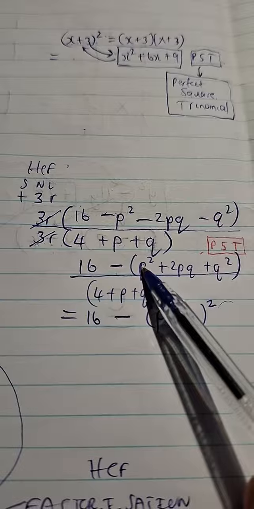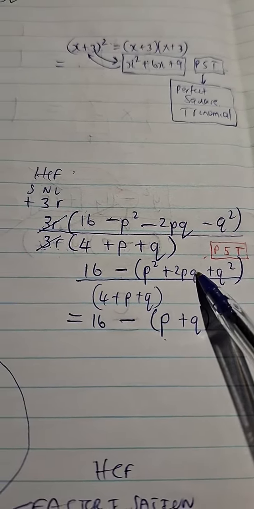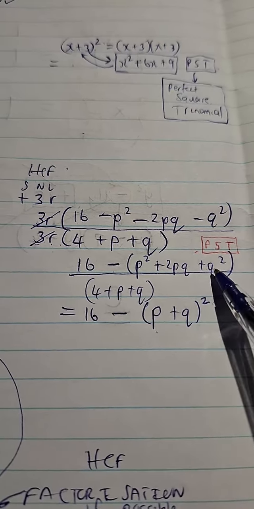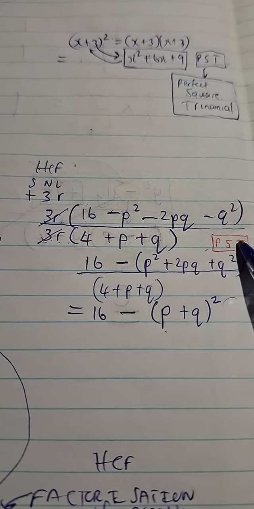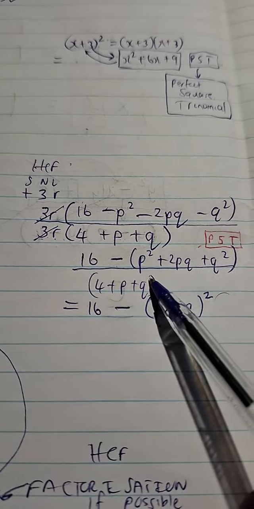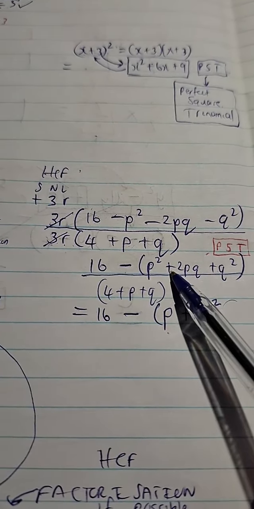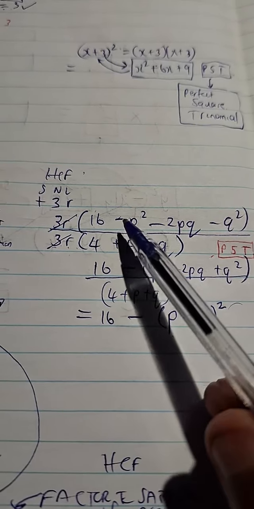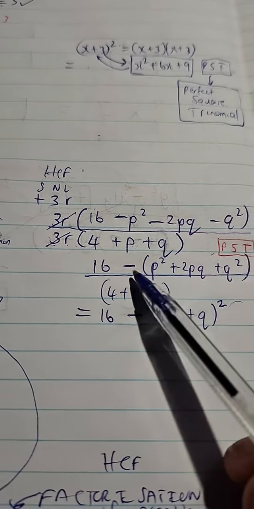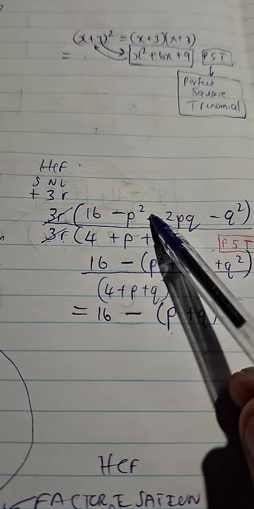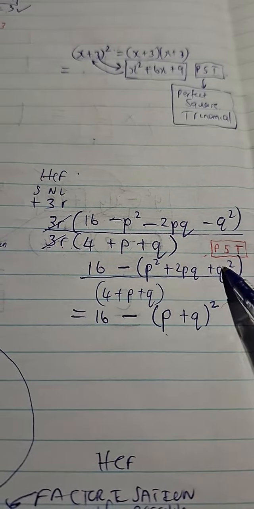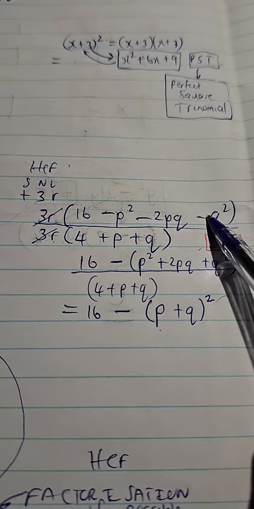A positive p squared, a positive 2pq, and a positive q squared in brackets. If I took this negative sign back, negative times p squared gives me this negative p squared back, negative times 2pq gives me this negative 2pq, and negative times q squared gives me this negative q squared back.